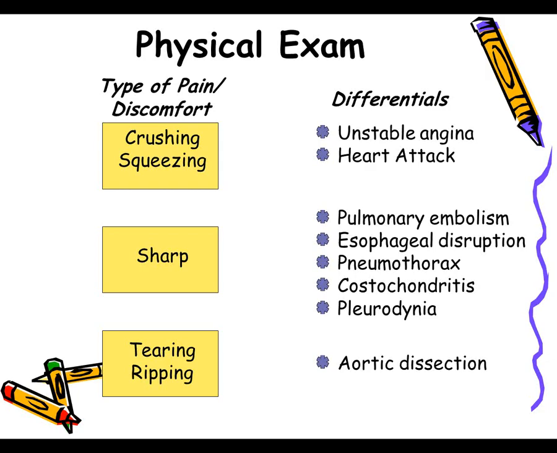If they describe it as crushing or squeezing, like an elephant sitting on their chest or their chest is in a vice, that is a textbook description of heart-related chest discomfort.